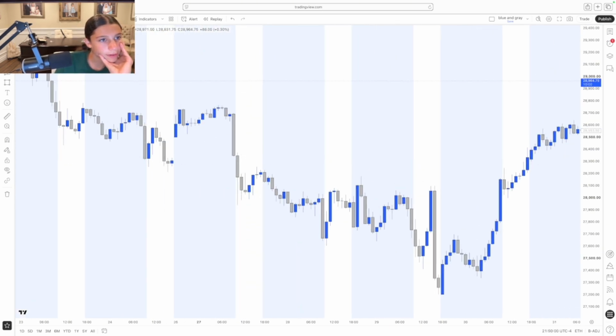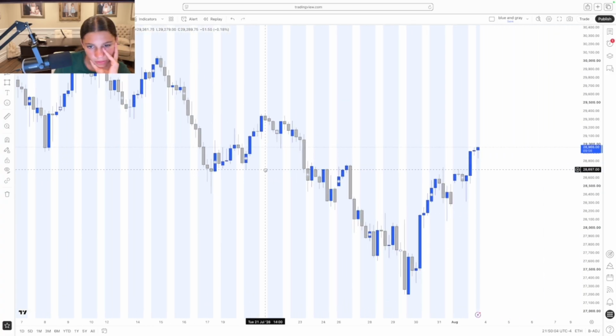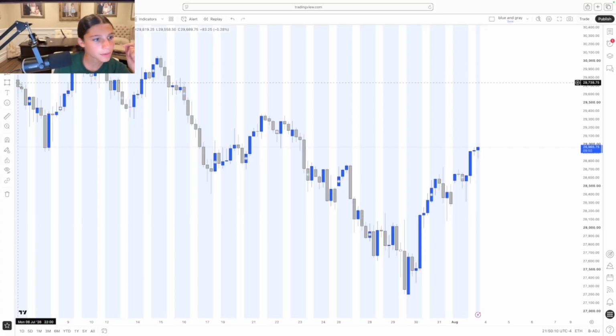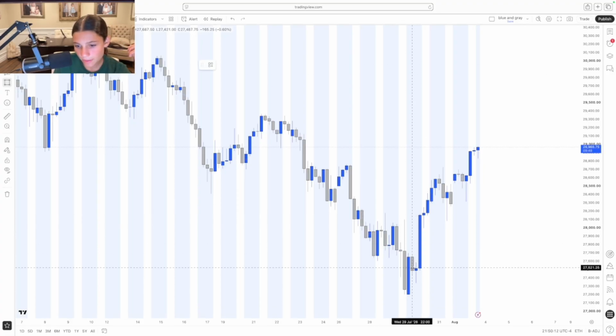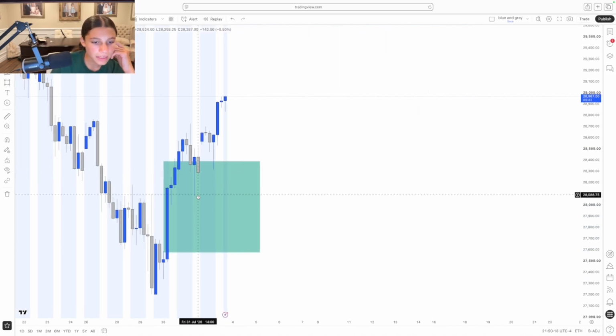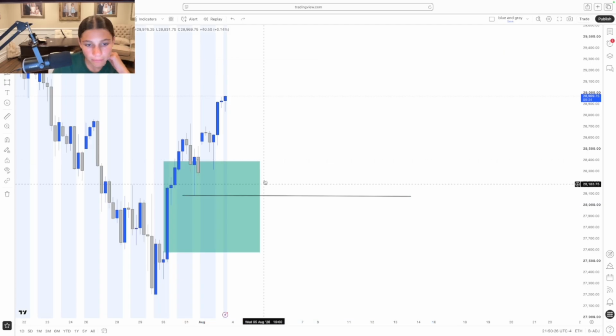Let's check the 4 hour. Perfect. So what do you have? We have this massive imbalance in the market right here. What do we do? We tap off of this. This is a rejection wick, guys. We rejected off price. We did not fully hit price. And then we go up.